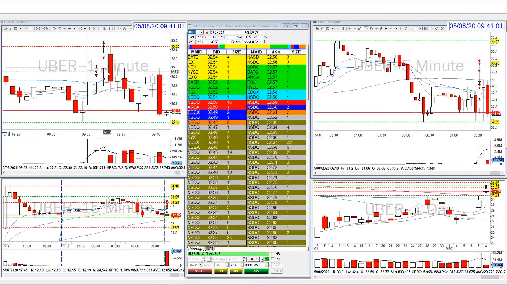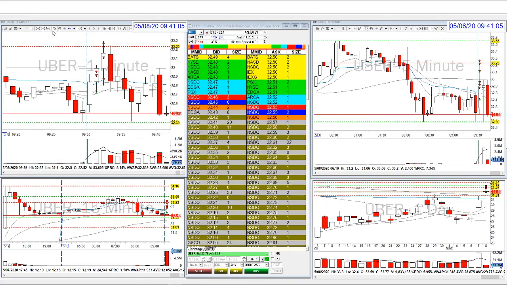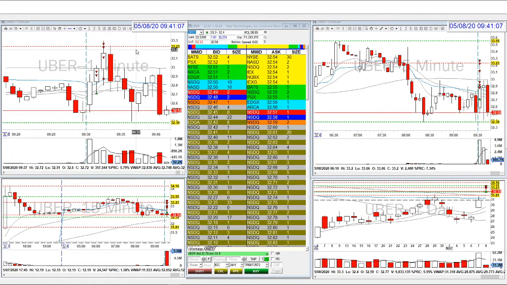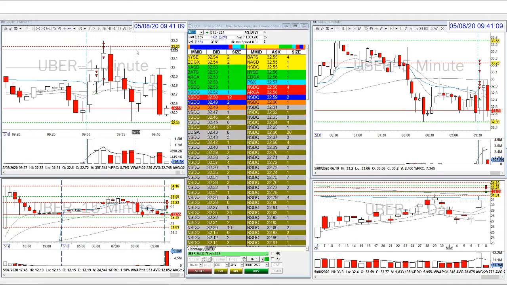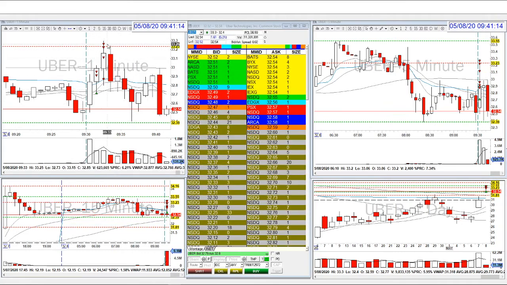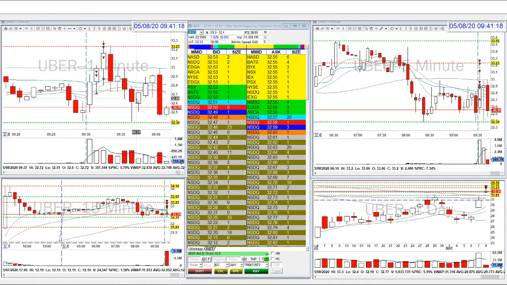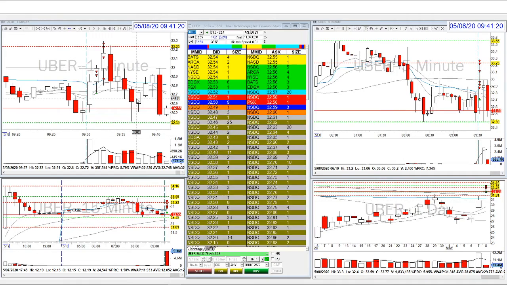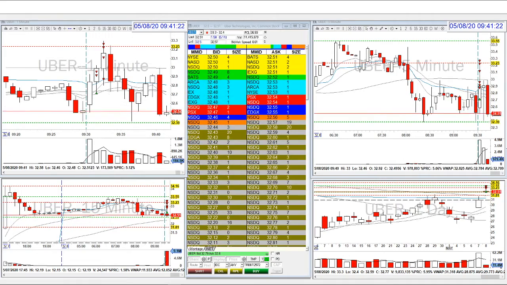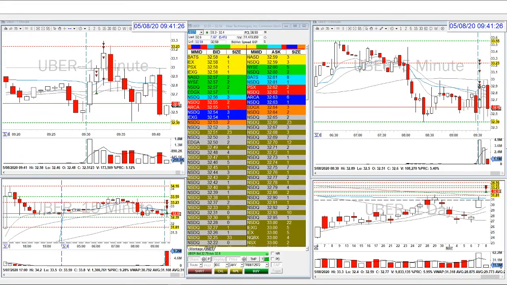Every time you see that the stock doesn't go in your direction within a couple of bars, it means that your trade is in trouble. You have to get out, because otherwise it's just gonna reverse. Look at this. If I keep holding the position in here, what happens next? The stock is just gonna drop, and I'm gonna have to exit with a loss. So again, that's what trading is all about.